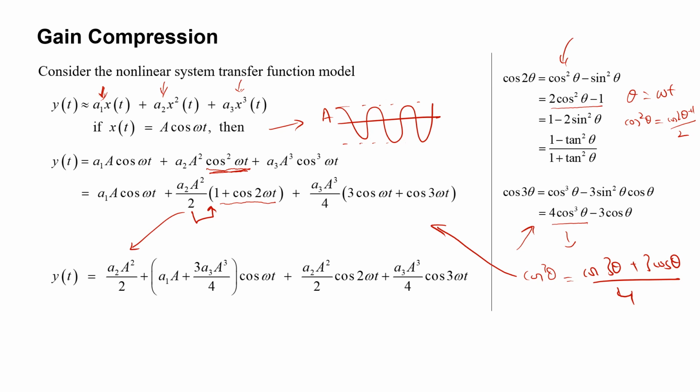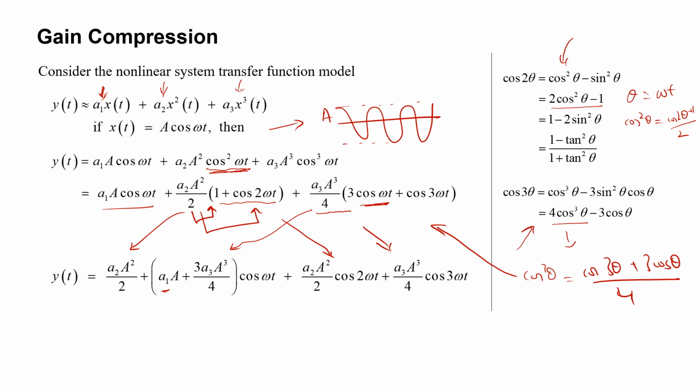Now rearranging some of the points, this factor multiplied by 1 will give me a linear value. This factor multiplied by cos 2 omega t will give me this value. This factor, a1, will go here, and this 3 a3 a cube over 4 multiplied by cos omega t will go here, and cos omega t is kind of going out of the bracket, and the rest of the factors will go here and so on.